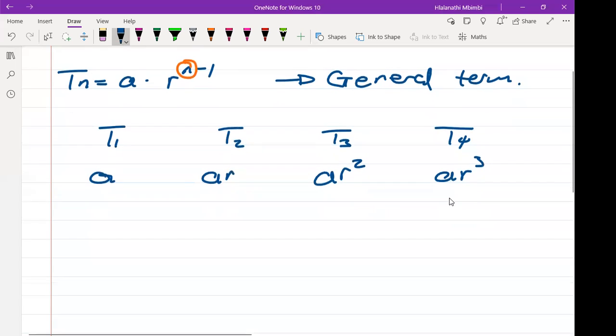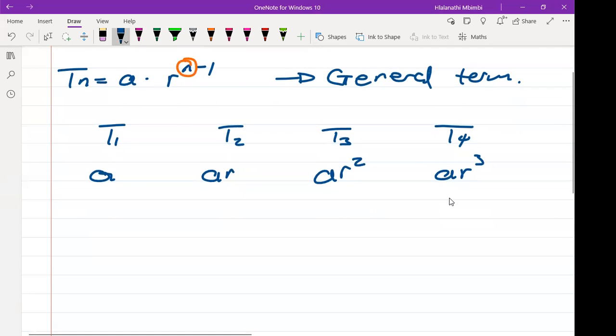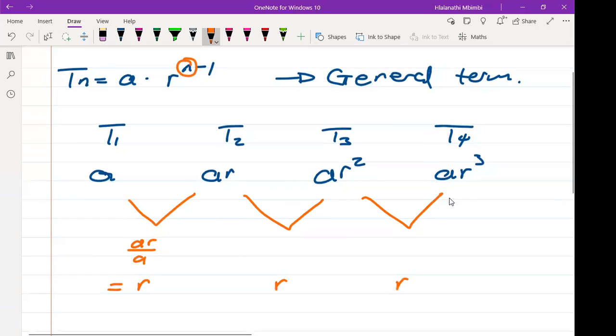So we're now going to look for not our difference, however, our ratio. We're basically going to be saying ar divided by a and look at what that is. It's going to be r. We're going to do the same thing there, and it's going to be r, and the same thing here, and it's going to be r.